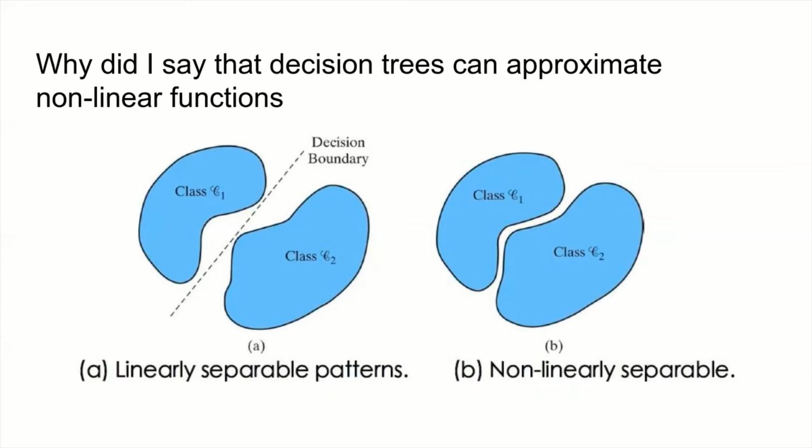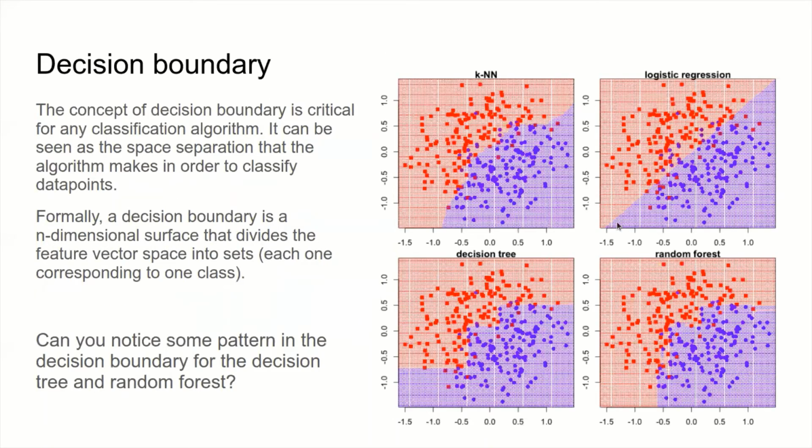Why? Because, for example, in this case, a logistic regression learns a linear decision boundary to separate this data set. However, there are data sets that are more complex. For example, this one, because you cannot draw a diagonal line that perfectly fits the data.